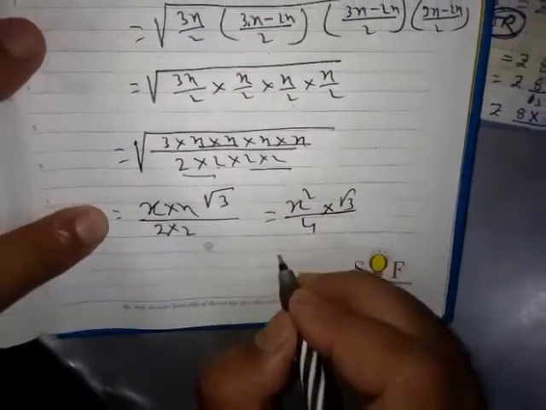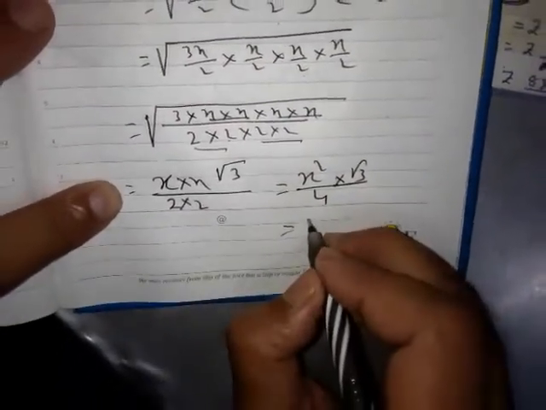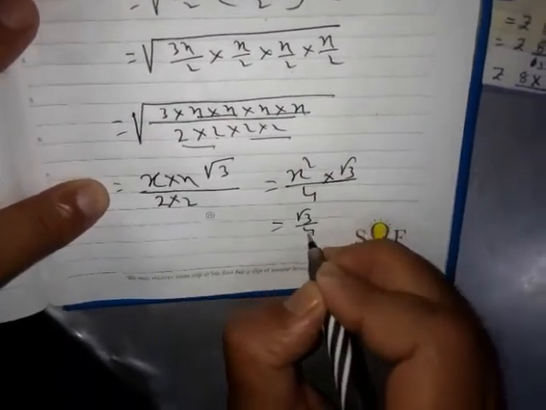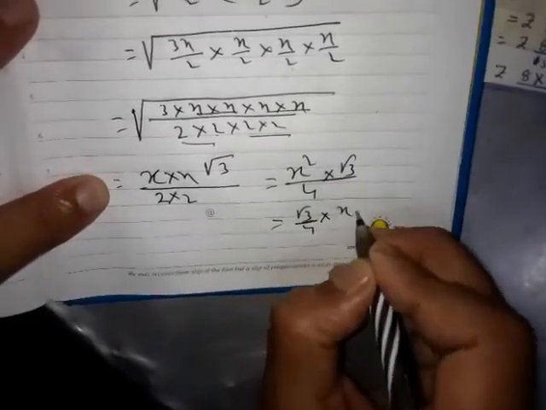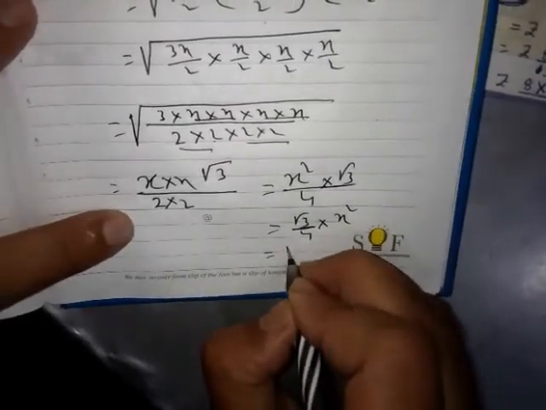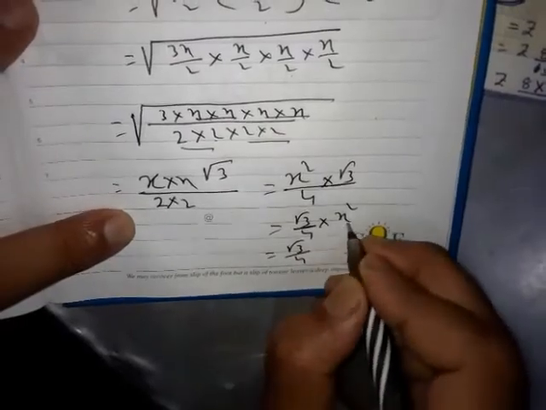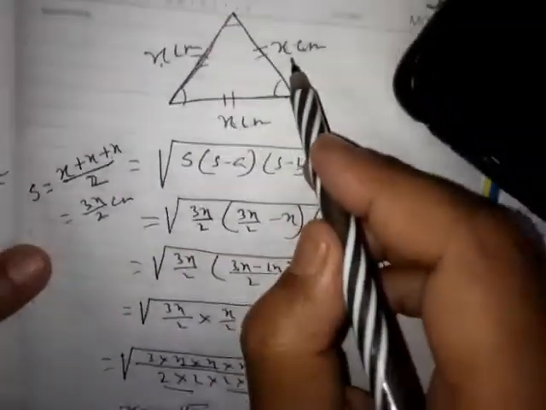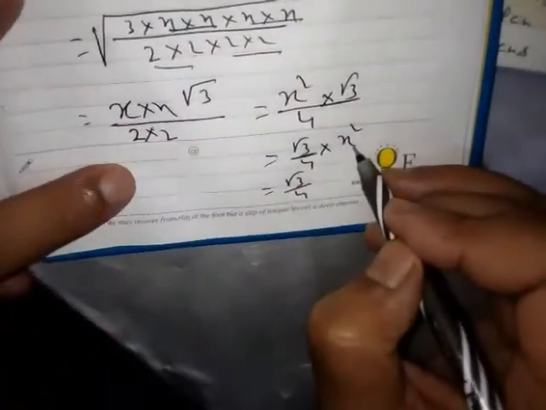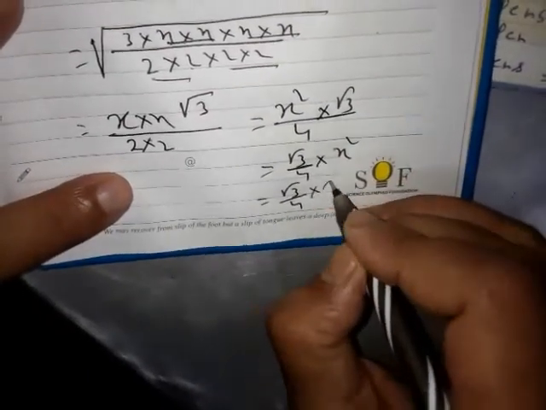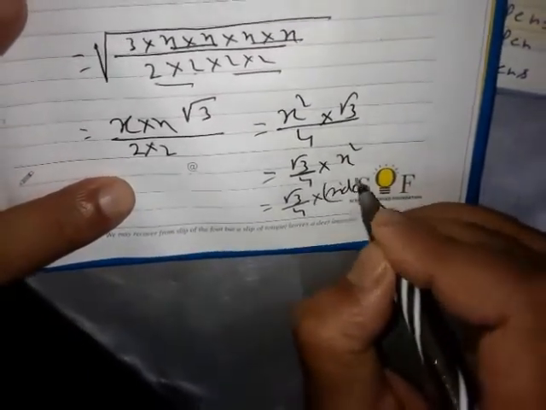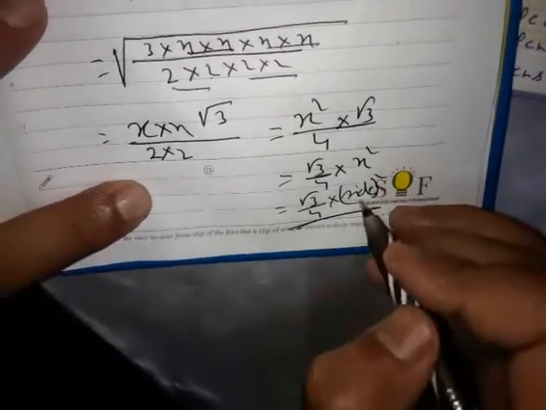So this thing I can also arrange like this: the number is root 3 by 4 into x square. What is x here? X means side, so x square means side into side. So you can write it as side square. So how did I get this formula?